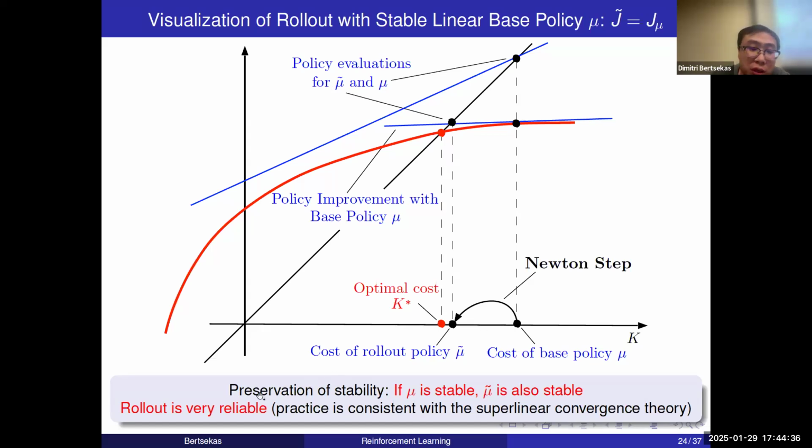Another piece of good news is that rollout preserves stability. If the starting base policy is stable, then it's always true that the look ahead policy we obtain is also stable. In this context, we call it the rollout policy, right? So this is the base policy and this is the rollout policy. Starting with the base policy, if the base policy is stable, then the rollout policy is also stable.